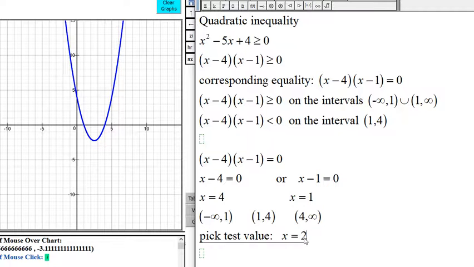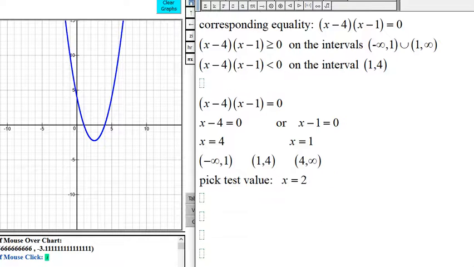We would plug the 2 into this inequality and see if it's true or false. If we plug it in, we will see that it's true. We plug in the 2 here, and then the 2 here, and this would be true, because this is 4.